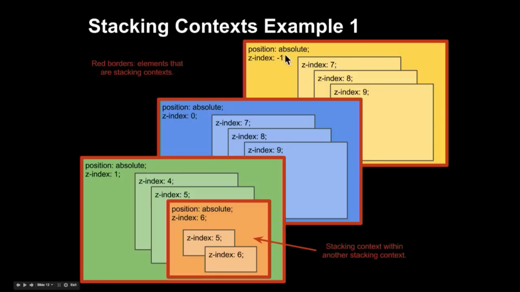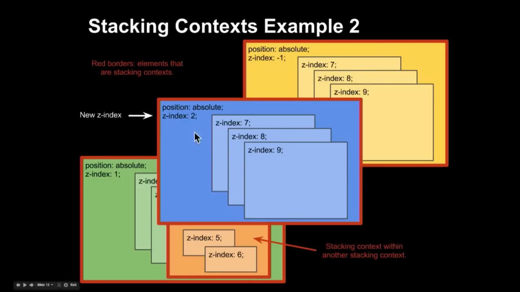And you'll see that a negative z-index renders below a z-index of 0, which renders below a z-index value of 1. And you note that even though I have large z-indexes here in the blue and also in the yellow layers, these are actually inside of a stacking context, which means that they are flattened to their stacking context before they're rendered with respect to everything else in the DOM tree.